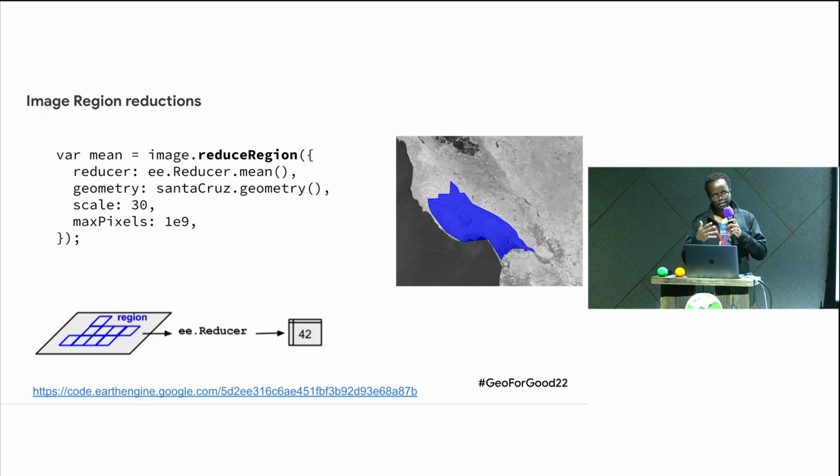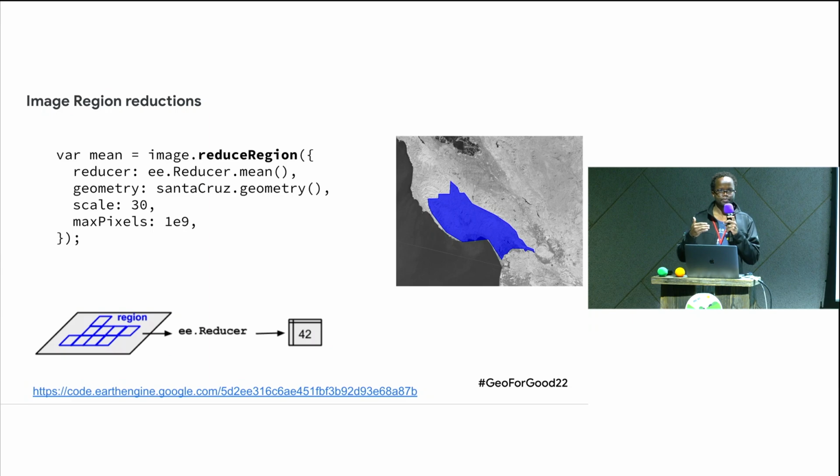Let's say the number of pixels was very large. Let's say by mistake I wanted to run this not on Santa Cruz, but on the world, and I didn't know what I was doing, and I hit run, and maybe that's not what I want. The number of pixels will exceed the default. I think the default is about 10 million pixels.